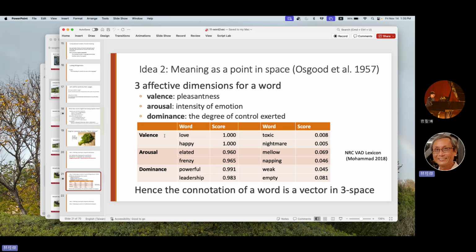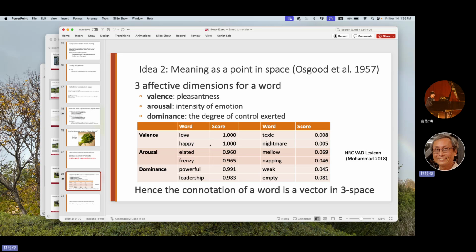So each word can be described in terms of these three dimensions here: valence, arousal, and dominance. We can see that a word has a strong score in a particular dimension, or is very weak in that dimension. So for example, nightmare and happy should be very different.